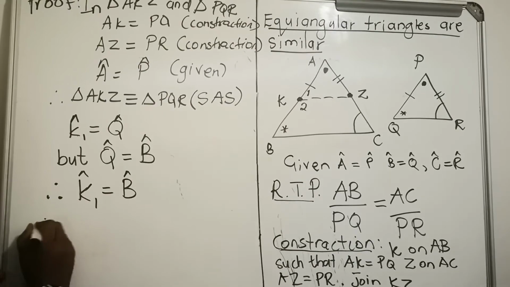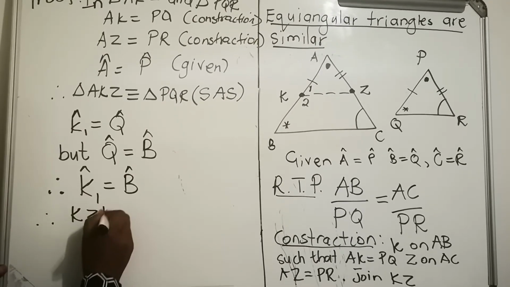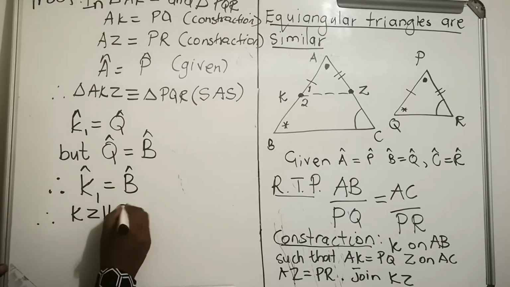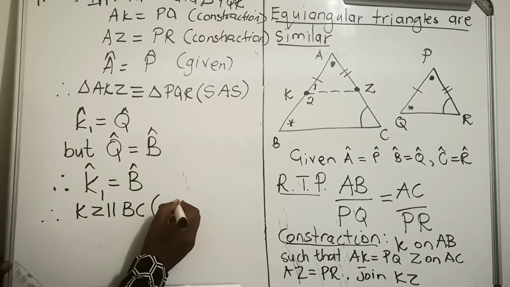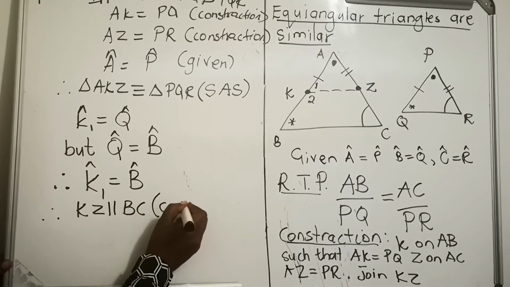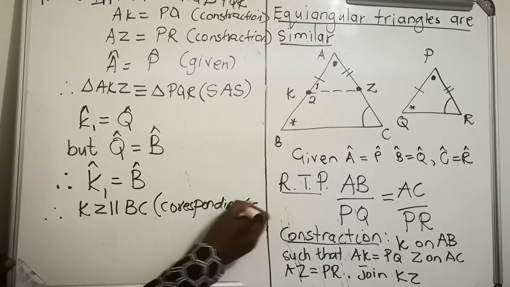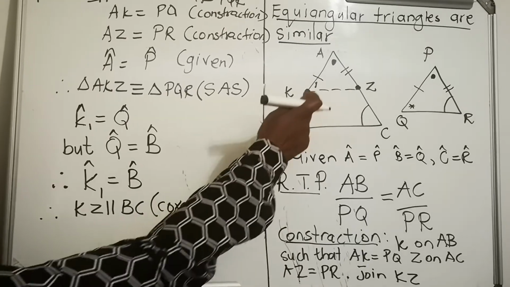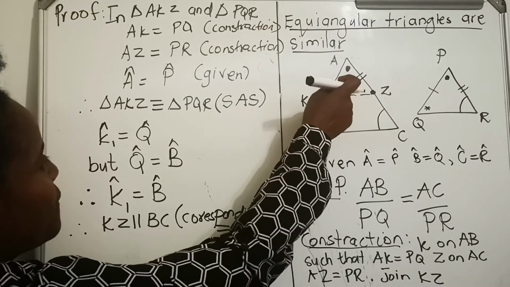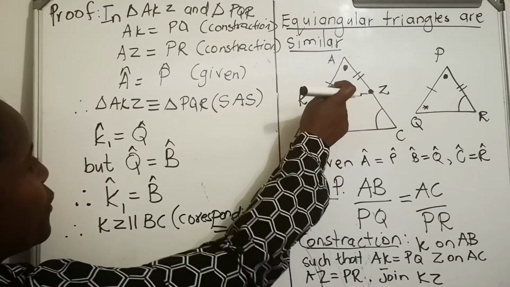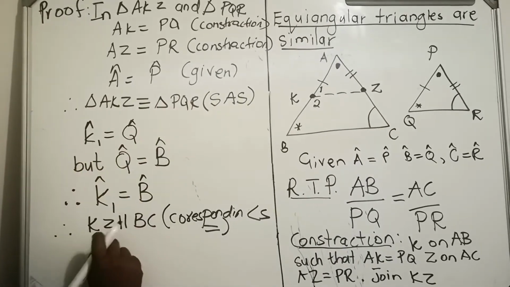We can say, therefore, line KZ is parallel to line BC. Why are they parallel? Because corresponding angles are equal. We had corresponding angles when we drew this line, but now we have proven that the corresponding angles are equal. If corresponding angles are equal, then the lines are parallel. Then we have proven the second part.